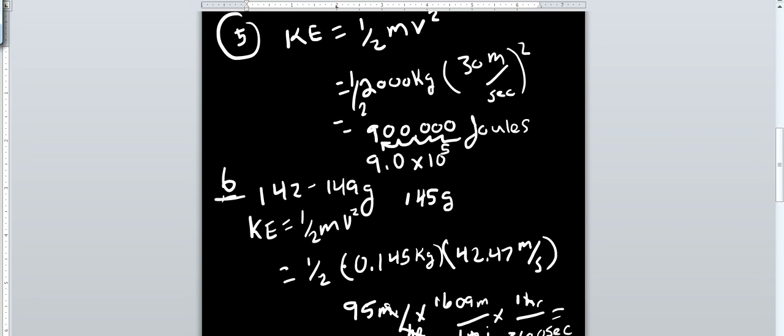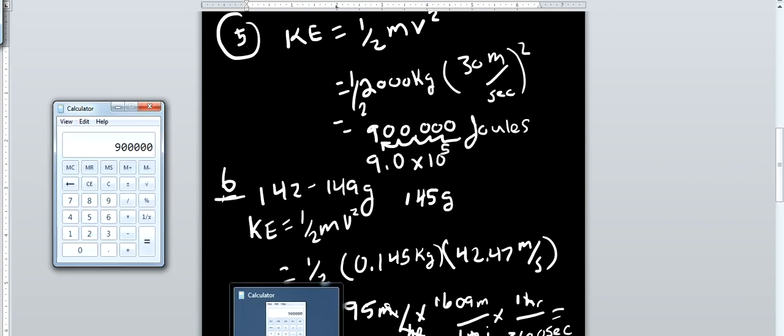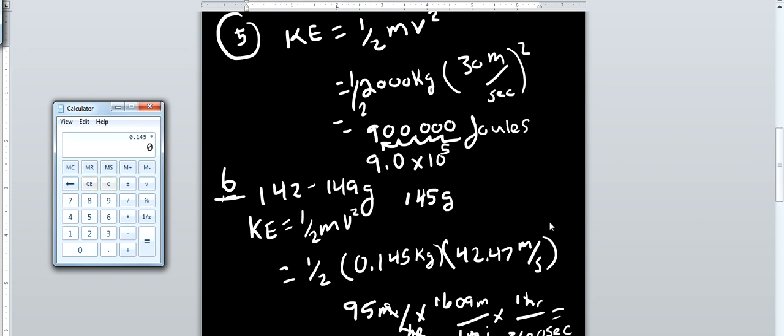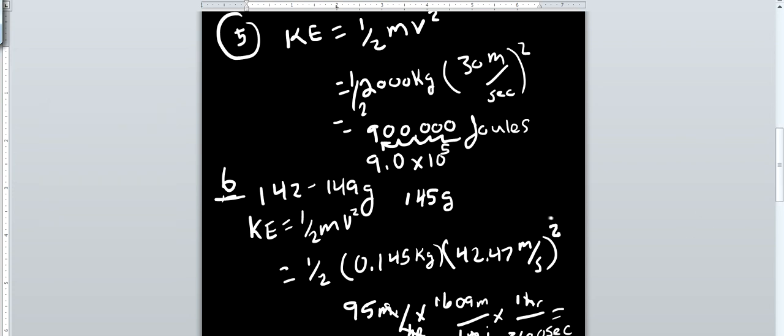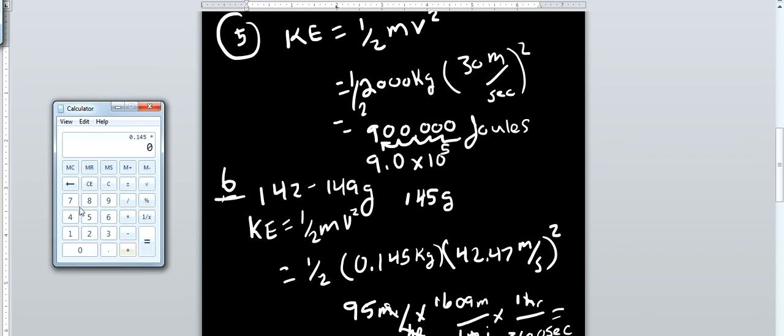There's your formula. So you just multiply. Clear that calculator, plug in your numbers. Remember, this is squared, so let's do that operation first.